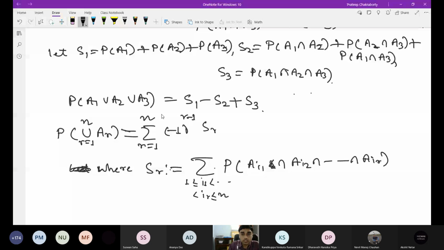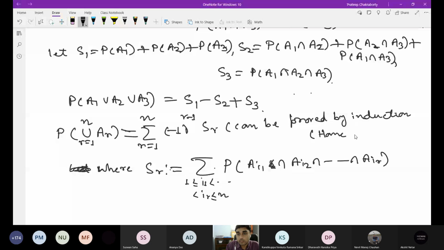Okay, so this can be proved by induction. I'm leaving this for you to prove, because you have seen how to prove by induction. So this is one home task. Some problem will be given, some assignment will be given to you too.